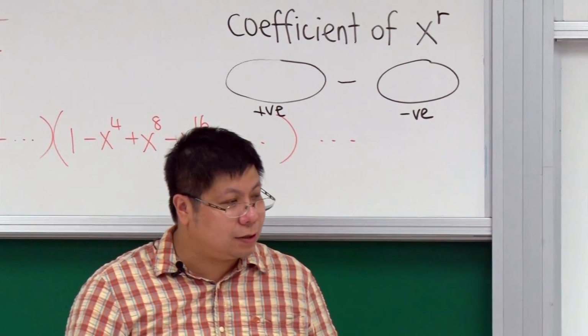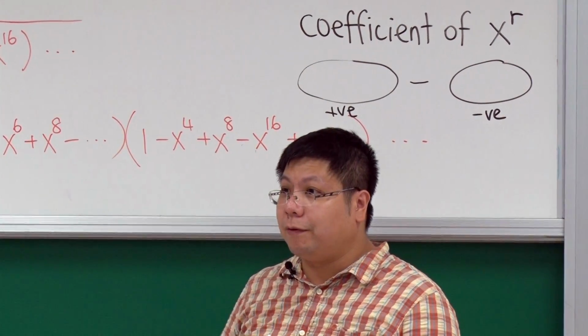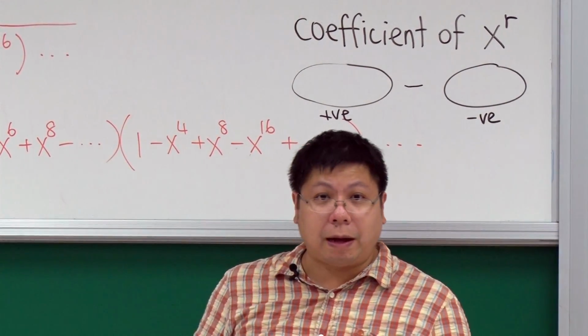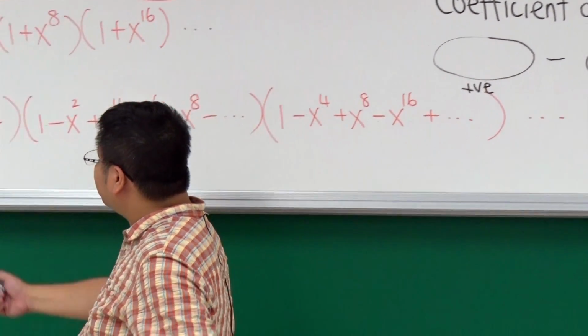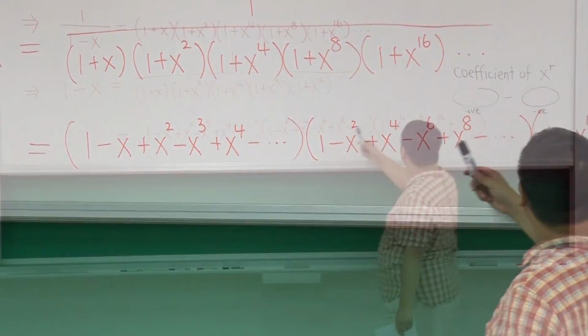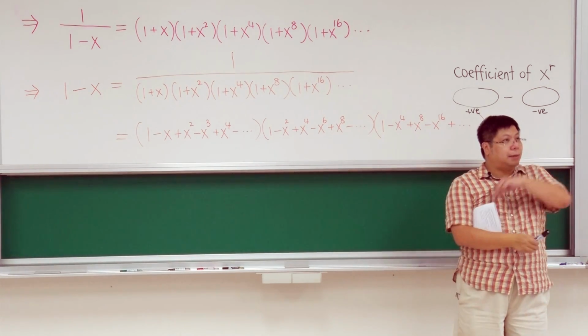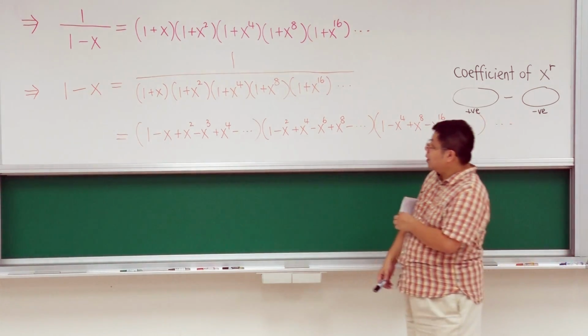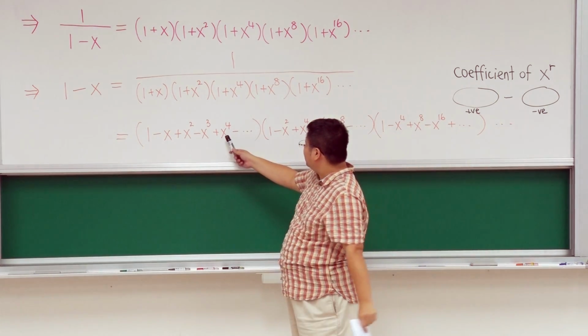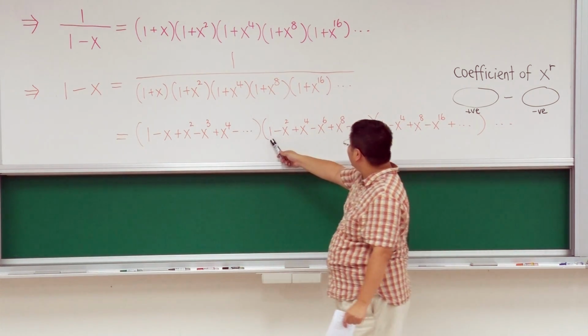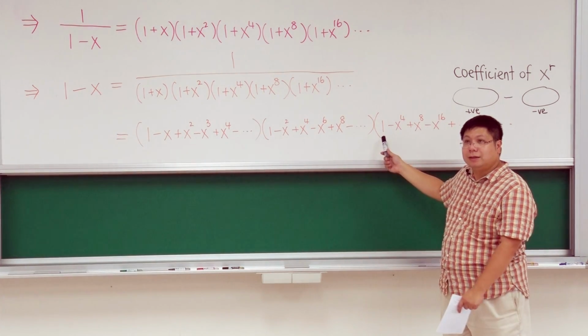Let's look at x. What is the coefficient of x to the power 4? Okay, to get x to the power 4, how do you get? I may be choosing 1, 1, 4. Is that okay? So in that case, I get a minus 1 for this one. I can be choosing 4, 1, 1. Is that okay?